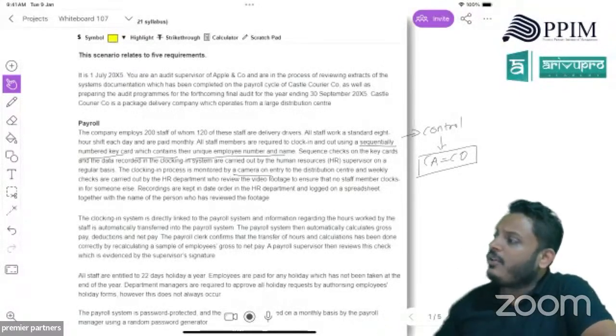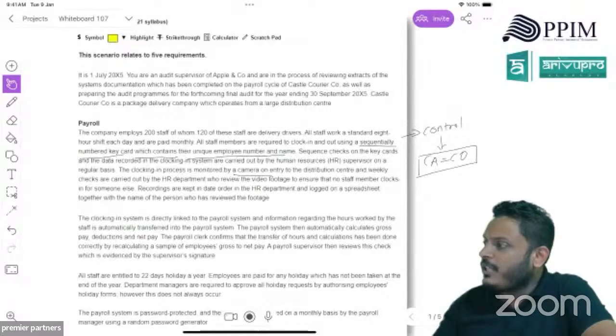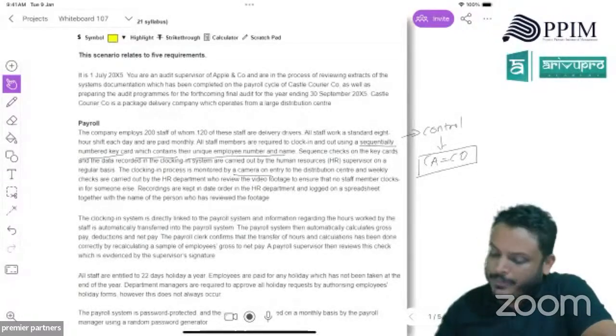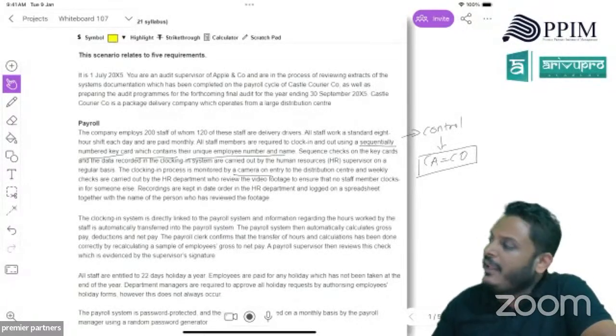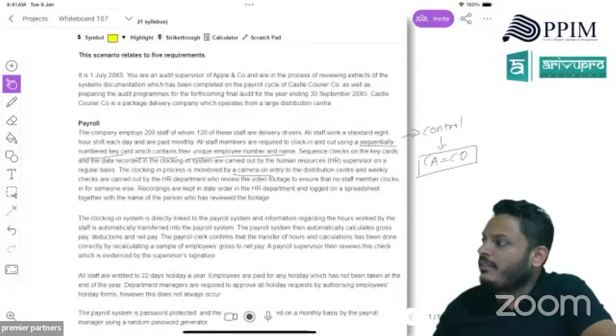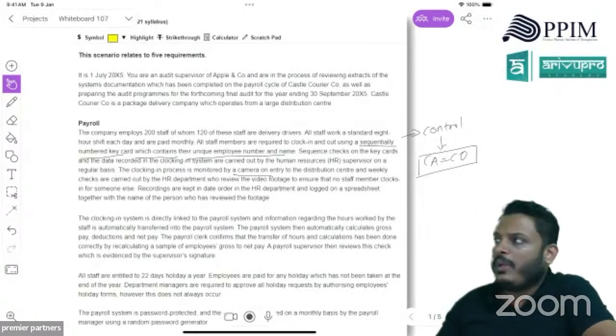That key card includes all the details, especially the name and unique number of the employee. And they do a sequence check, right? So this is an effective control. They perform the sequential check.